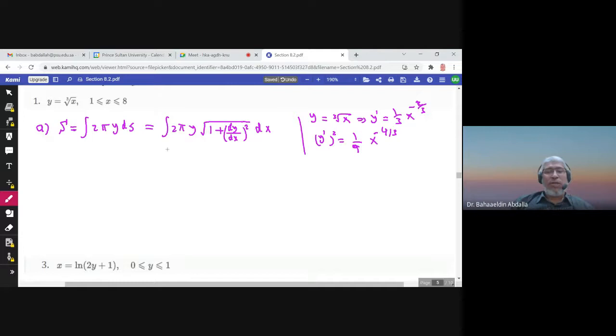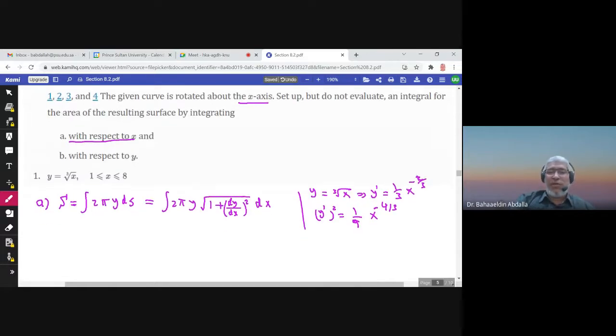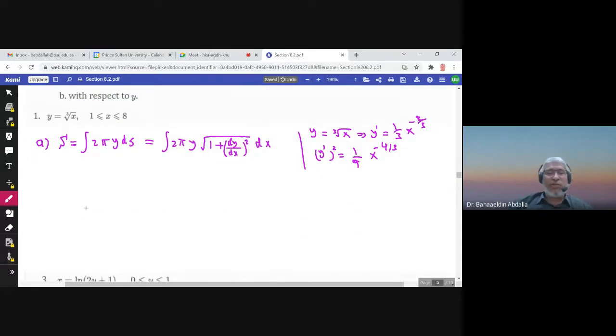So he just needs a setup of the integral. He doesn't ask for evaluation. So the answer would be x from 1 to 8. I cannot leave it as y. I have to write it as a function of x. So I write cube root of x times square root of 1 plus y prime square, which is 1 over 9, x to the power 4 over 3 if I take it down below, times dx.